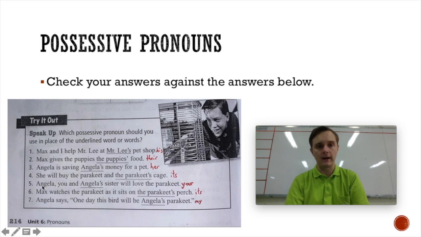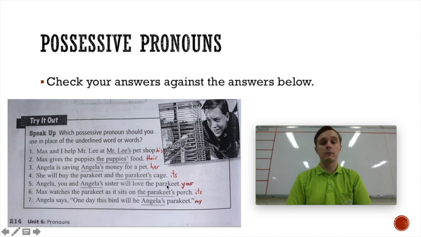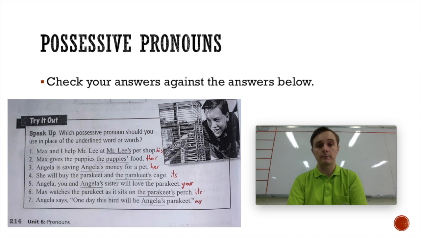Now number 5, Angela, you and Angela's sister will love the parakeet. Someone is speaking directly to Angela, so we use the pronoun your. You and your sister will love the parakeet. Number 6, Max watches the parakeet as it sits on the parakeet's perch.